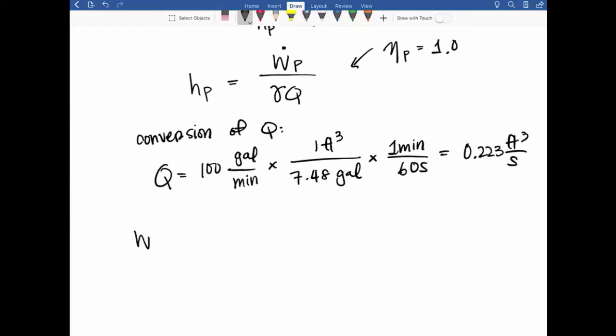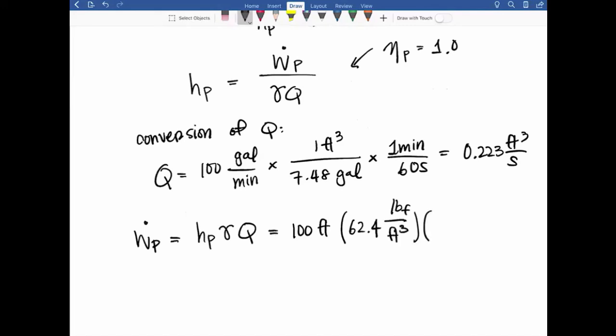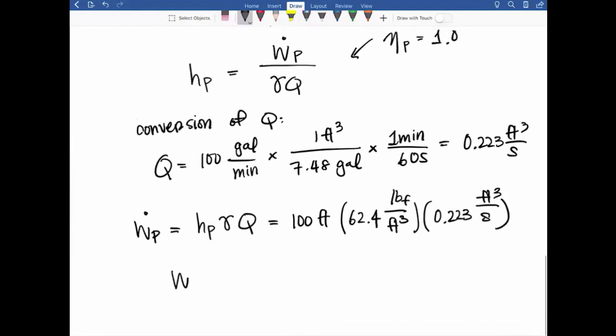So then W dot of the pump is going to just be HP gamma Q, which is 100 feet multiplied by gamma, 62.4 pound force per foot cubed, multiplied by Q, 0.223 feet cubed per second. So what is my W dot going to be? 1391.52 foot pound force per second.